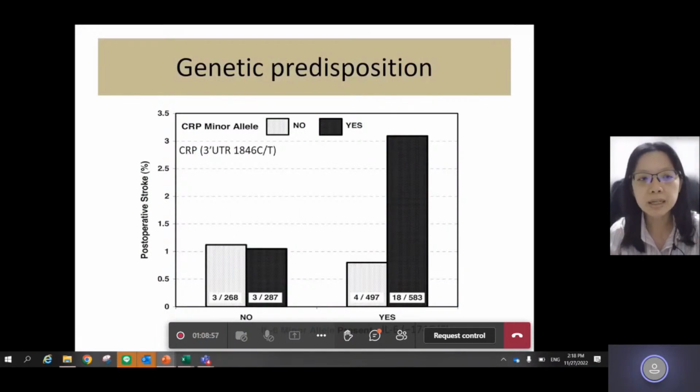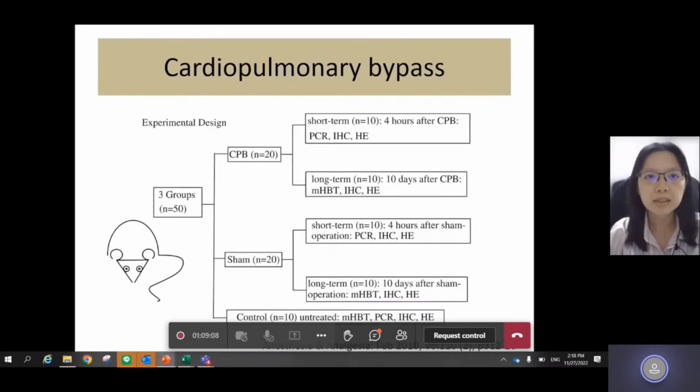And there are some risk factors that we cannot change or we cannot control. If the patient has the CRP minor allele, there is a higher incidence of postoperative stroke. And whether cardiopulmonary bypass itself will lead to POCD after the cardiac surgery? Well, there are animal studies and human studies.